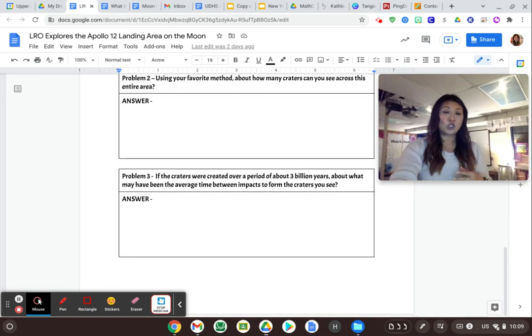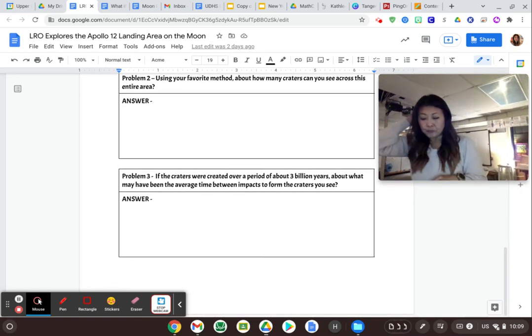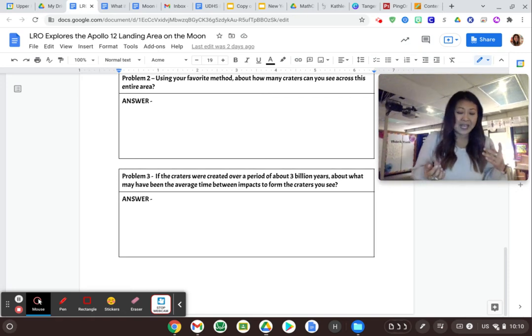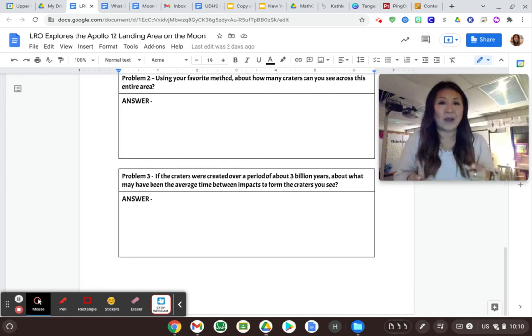The last question here says if the craters were created over a period of 3 billion years, about how many have been the average time between impacts to form the craters you see? So this one, my little hint to you is you have to look for rate. You've done unit rates before.